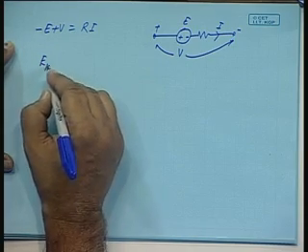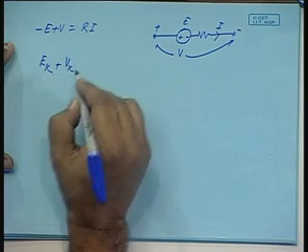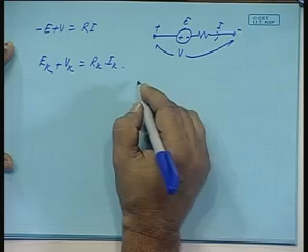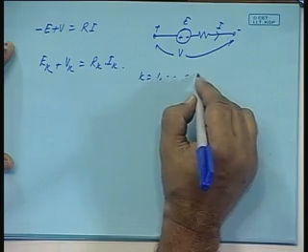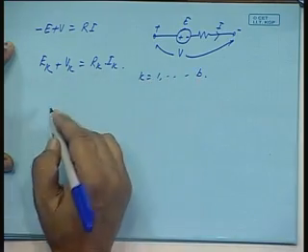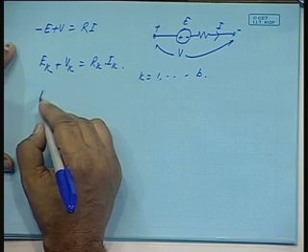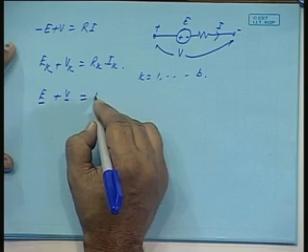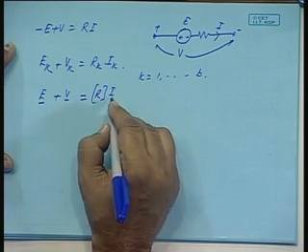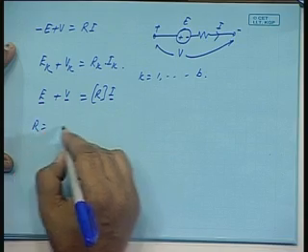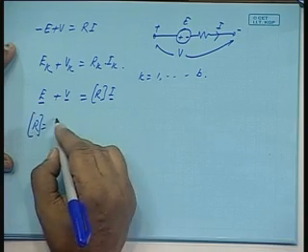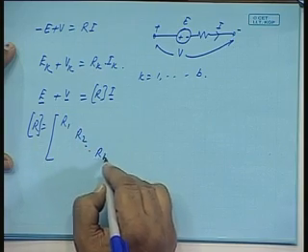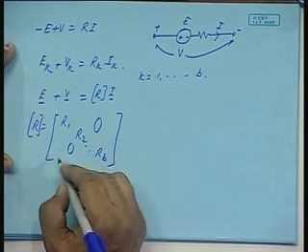Thus, we can write Ek plus Vk equal to Rk into Ik, k equal to 1 to b. This is a generalized equation and we can write in a vector form E plus V equal to R into I, where R will be a matrix having only diagonal elements R1, R2 up to RB, rest of the elements are 0.